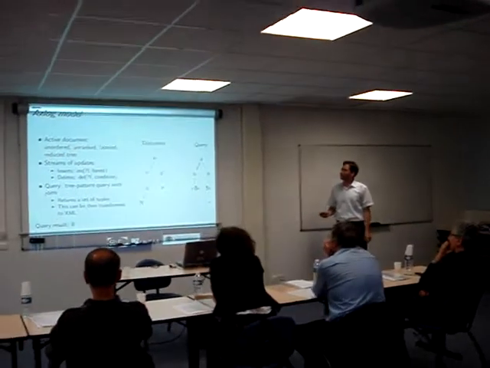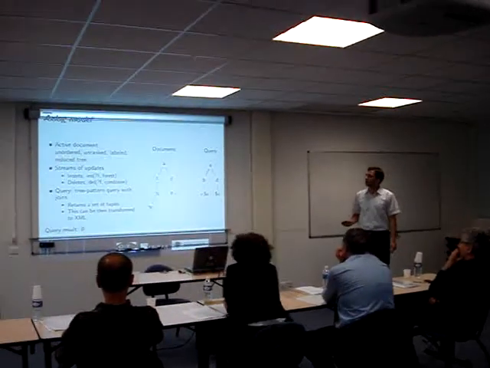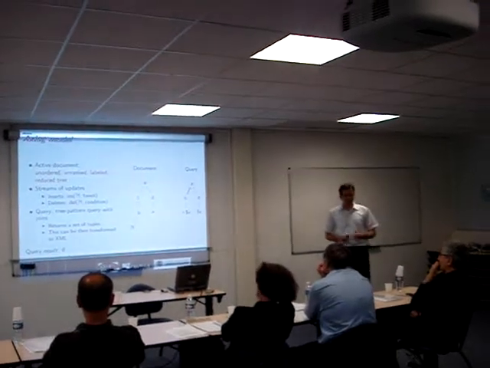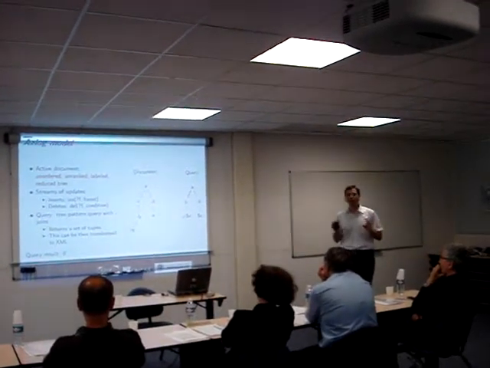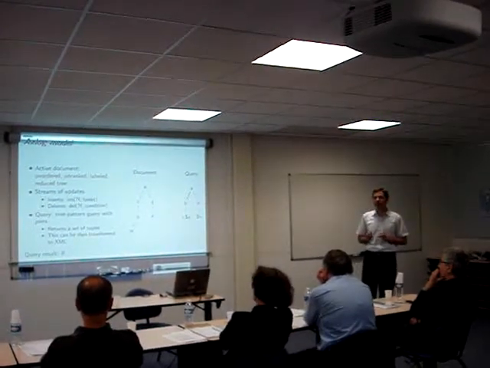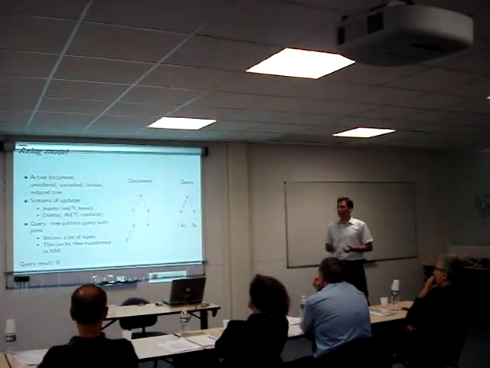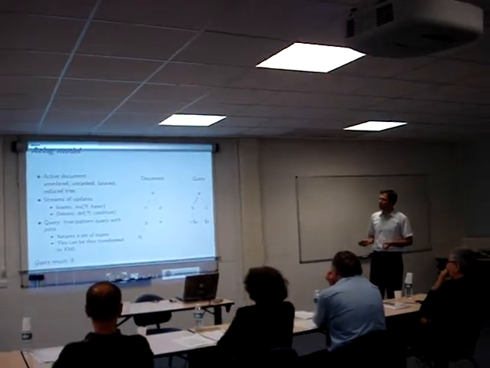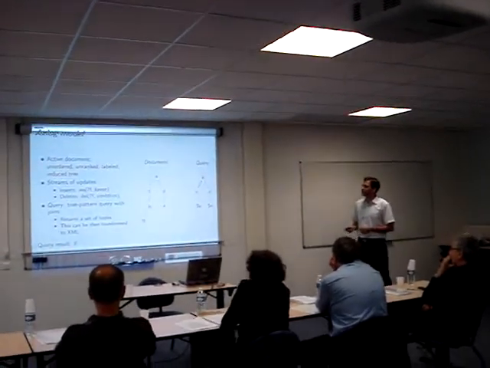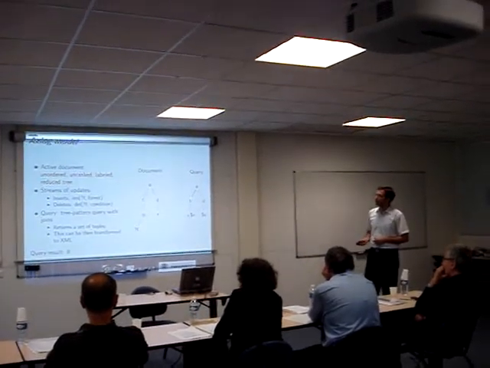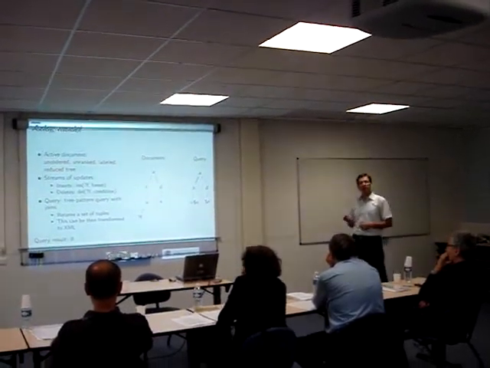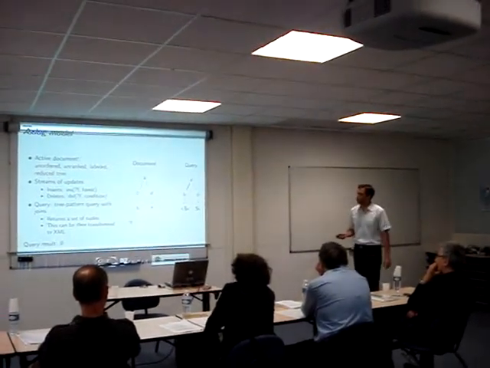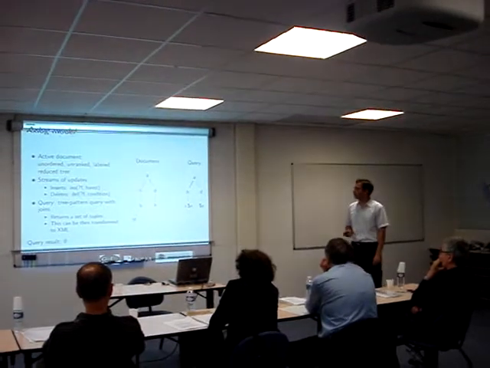The model is the following. We have a document that is an unordered, unranked, labeled, and reduced tree. This reduced tree means that there are no two sibling subtrees that are isomorphic. Now, for the updates, we consider insert and delete. Those have as context a function call. Actually function calls are always prefixed by a question mark. So here in the document we have one function call that is f.